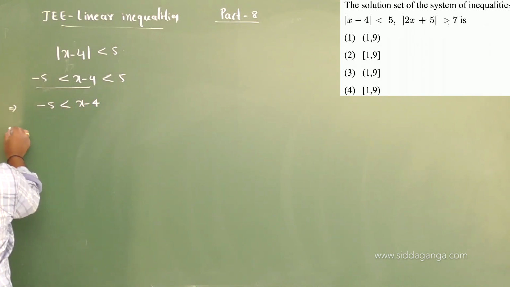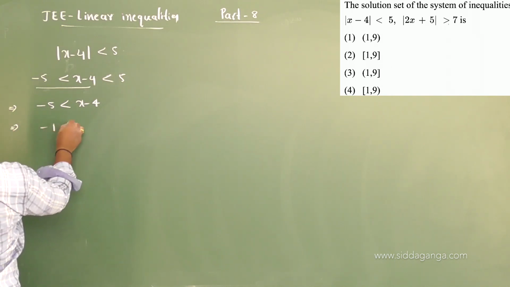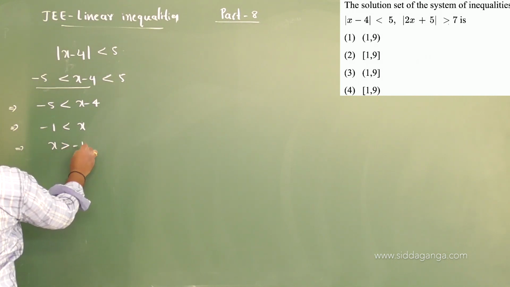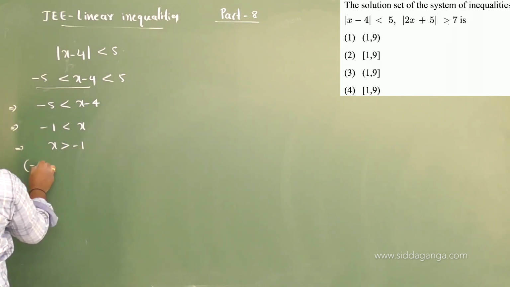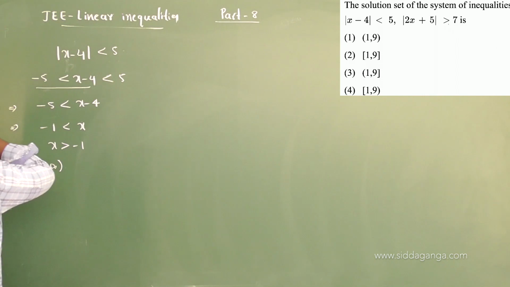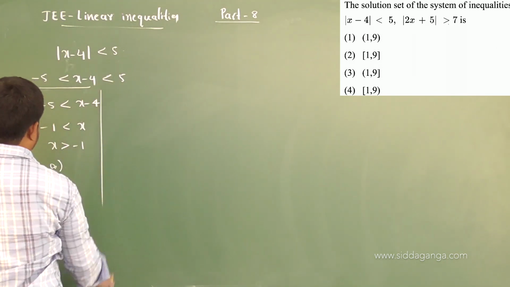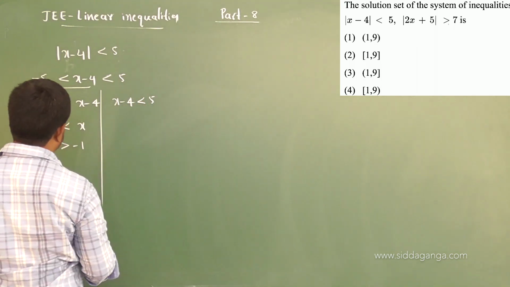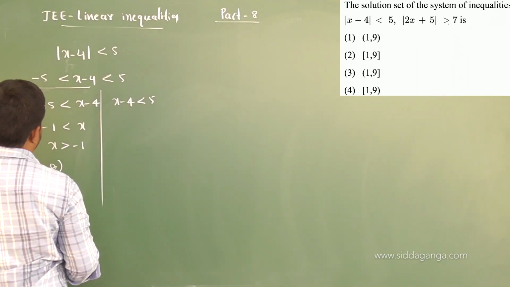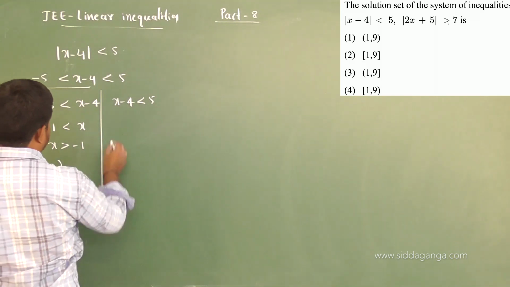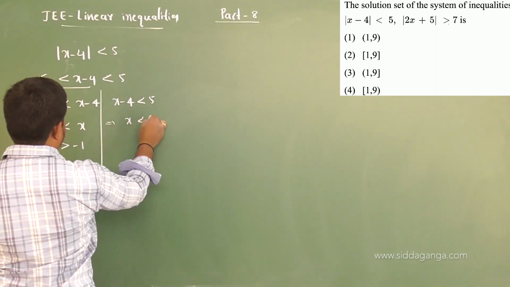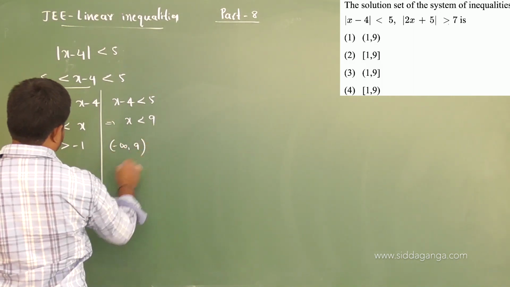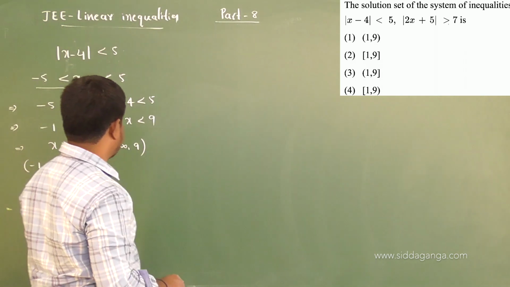Adding plus 4 on both sides, you get x greater than minus 1, that is minus 1 to plus infinity. Second case, x minus 4 less than 5. Adding plus 4, you get x less than 9, that is minus infinity to 9. This is for the first case.